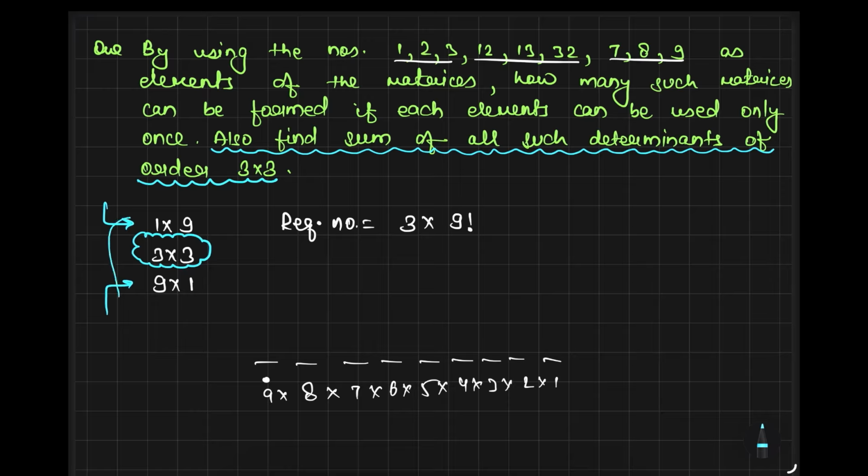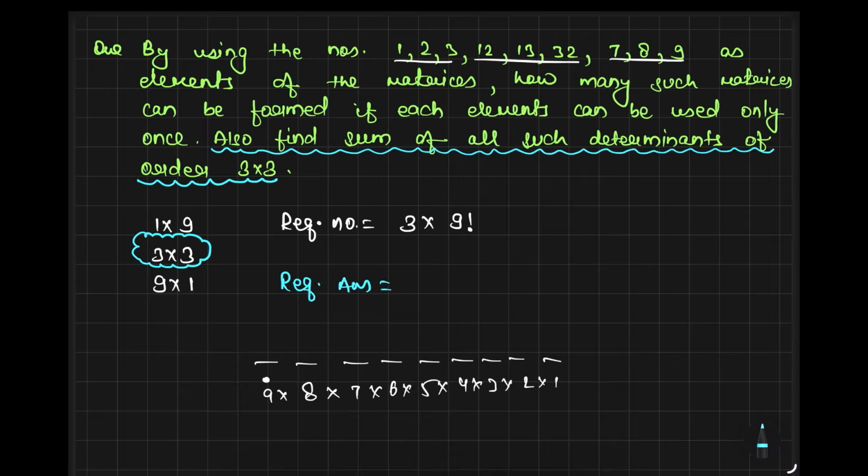We can find the determinant of those matrices which are square in nature. Now, to understand this part, you should have a little bit of understanding about how to find the determinant and a little bit of properties of determinants. For the time being, I'll tell you the required answer.